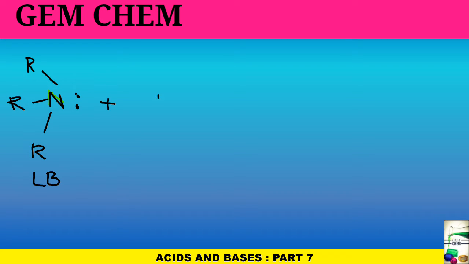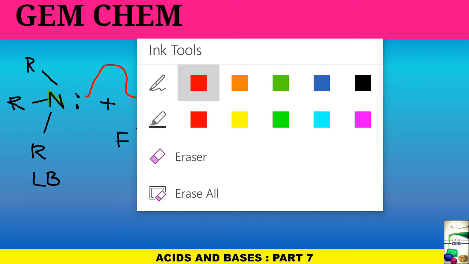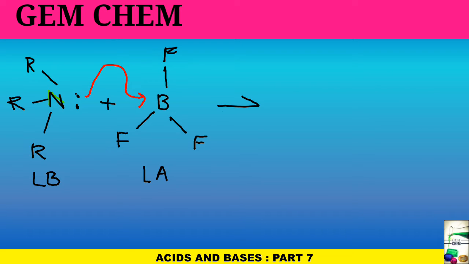It can react with a boron compound which has 3 fluorine attached to it, BF3, which acts as a Lewis acid. So in this case this lone pair gets donated to boron. On further proceeding we obtain this kind of adduct, a Lewis base and Lewis acid adduct. So this is one of the examples.